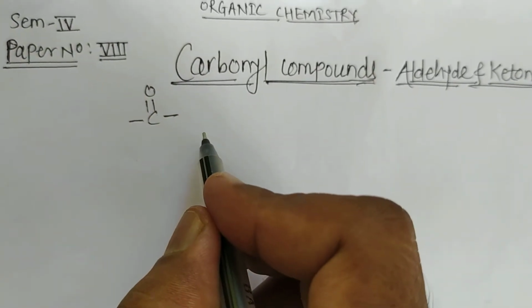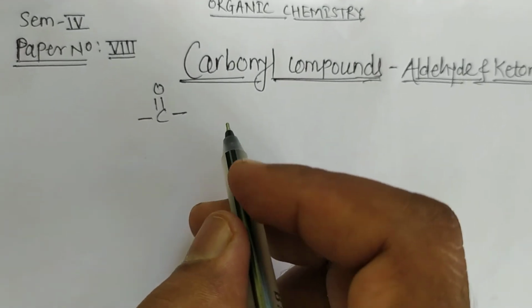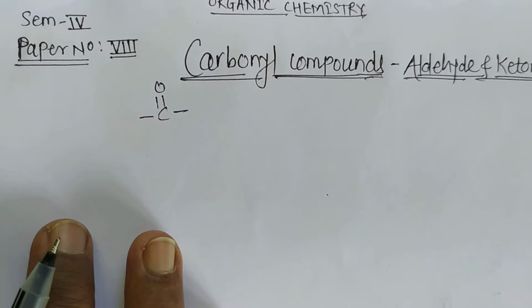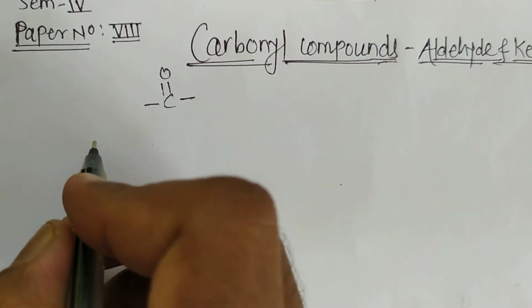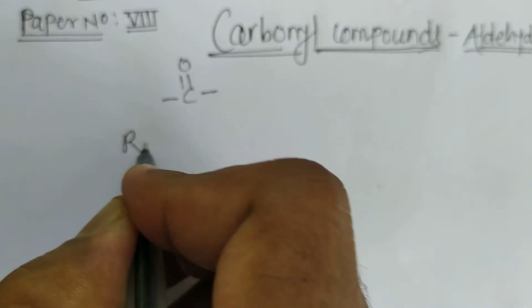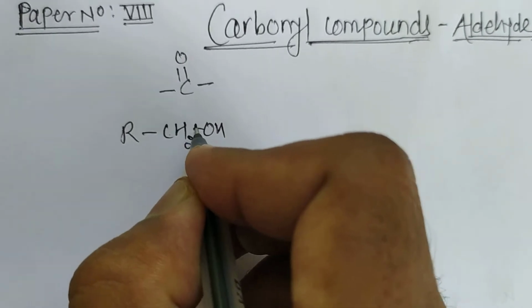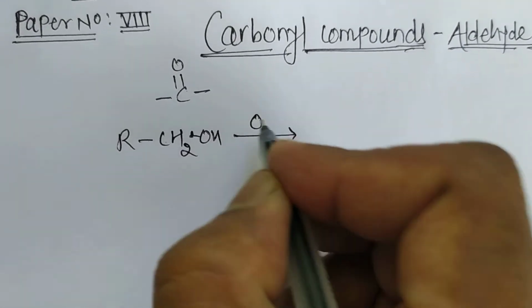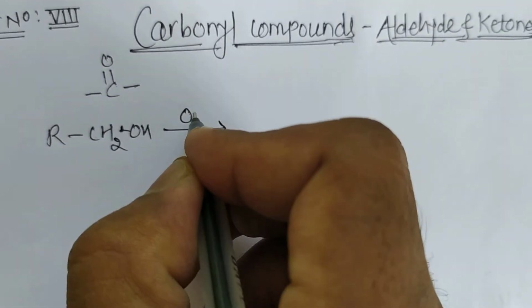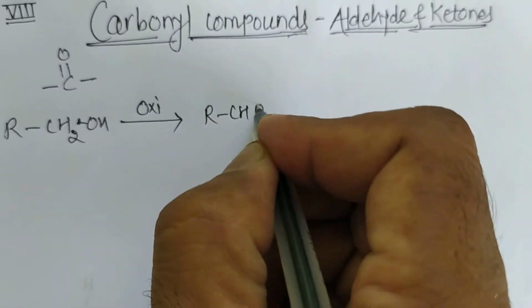Especially aldehydes and ketones are carbonyl compounds. These aldehydes and ketones are obtained by the oxidation of alcohol. Here aldehyde is obtained by the oxidation of primary alcohol. Suppose this is primary alcohol RCH2OH, and when it undergoes oxidation, then we can obtain RCHO, aldehyde.